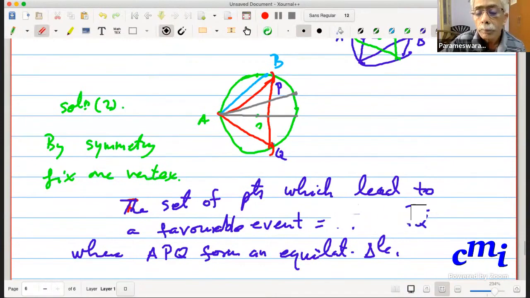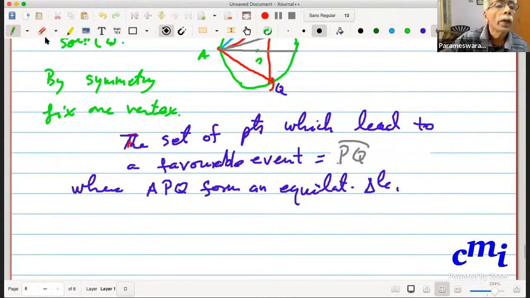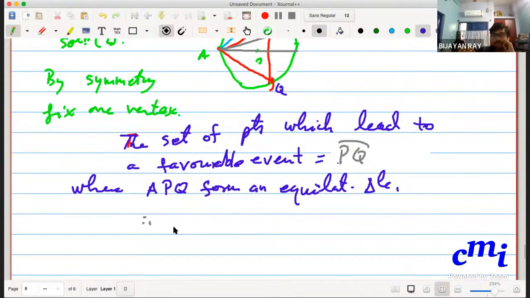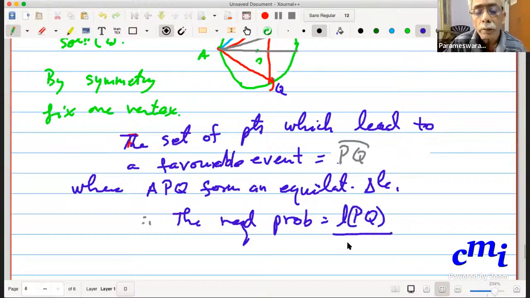It should be PQ. So the required probability is the length of the arc PQ divided by the total circumference of the circle. This is equal to exactly 1 by 3.